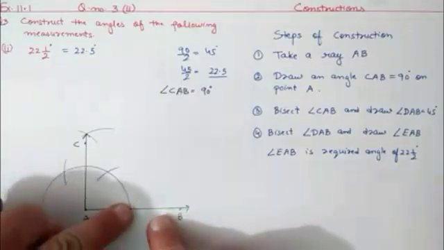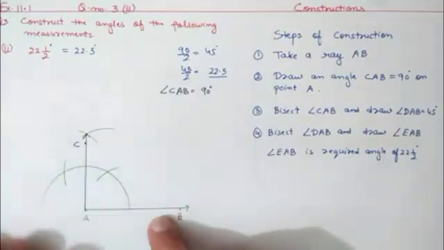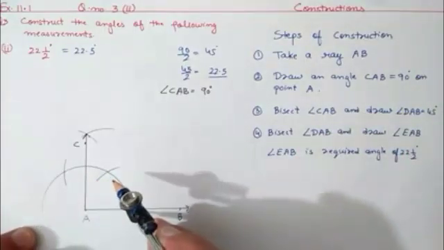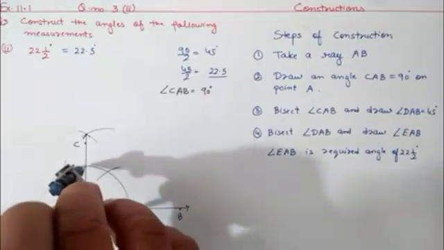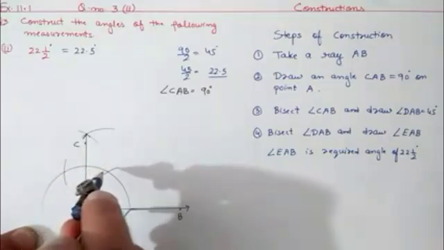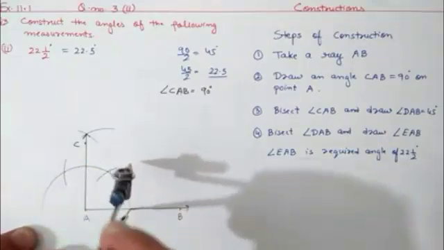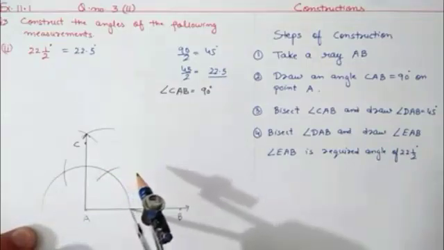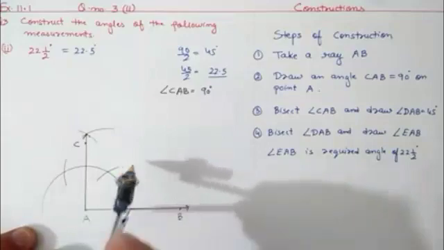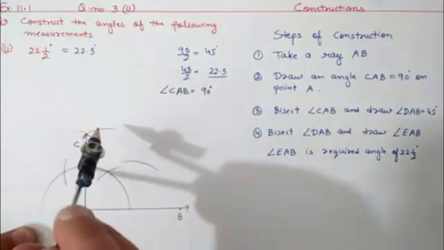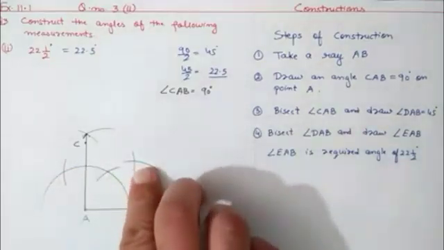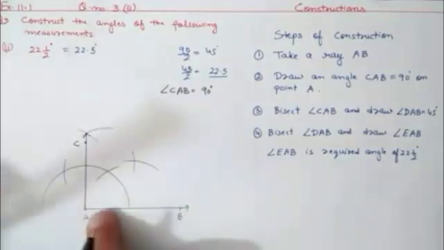To make it half, what we will do, we will see the arc of this 90 degree. We see the arc of 60 degree over there. Okay, so now we have this 60 degree arc, and from there we will draw two arcs, and we will get one arc over here.